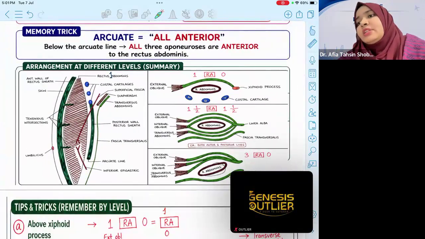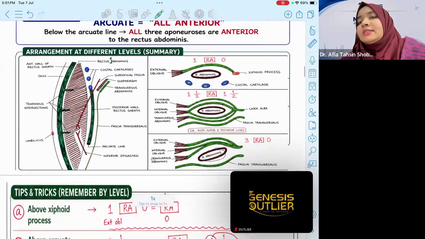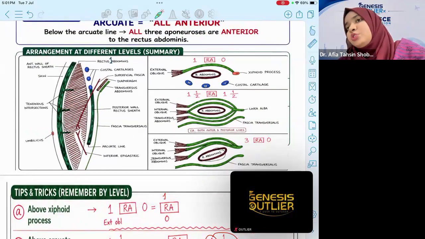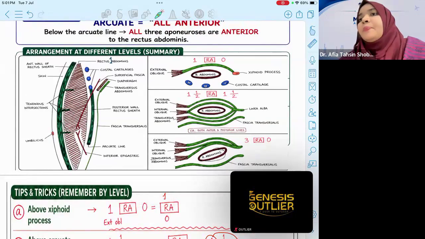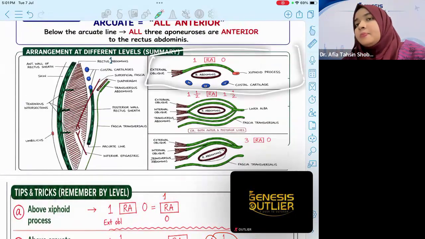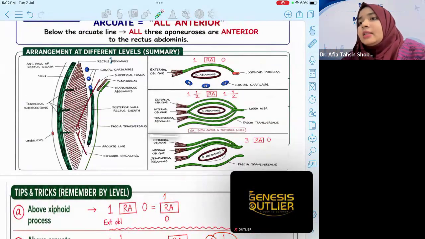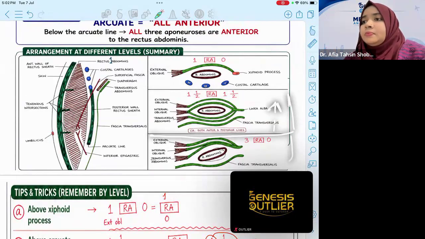It will be more clear here. Suppose I tell about three different planes of arrangement. Above the xiphoid process, just remember 1, 0. This is the arrangement of the rectus sheath above the xiphoid process, and these two are above the arcuate line and below the arcuate line.